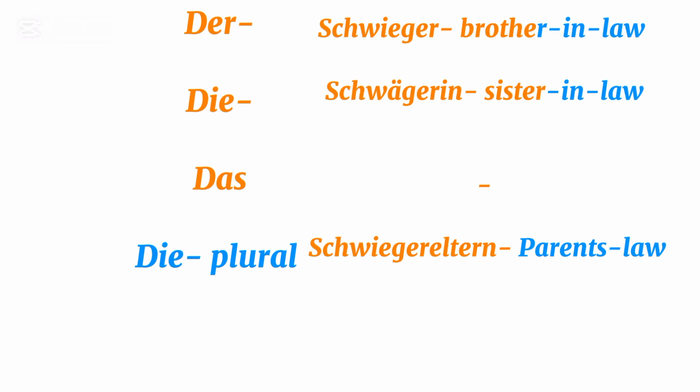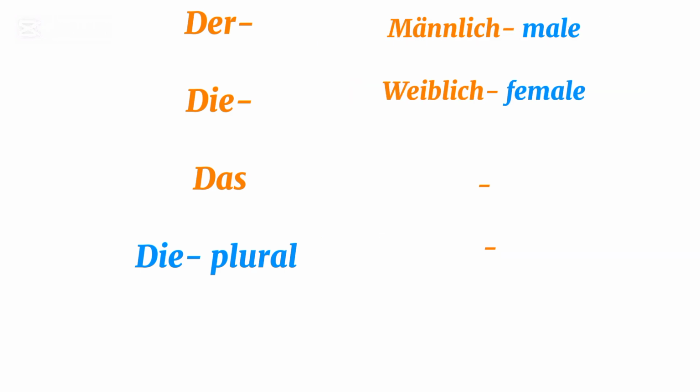We have Vater, Mutter, Onkel, Tante, Neffe, Nichte, Cousin, all those. Anyway, that is it for today. Oh, I was almost forgetting. Male and female. Male is männlich, female is weiblich. Männlich, weiblich, male and female.